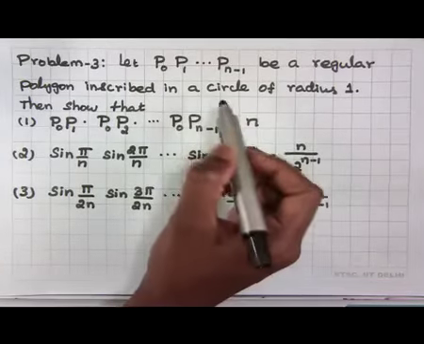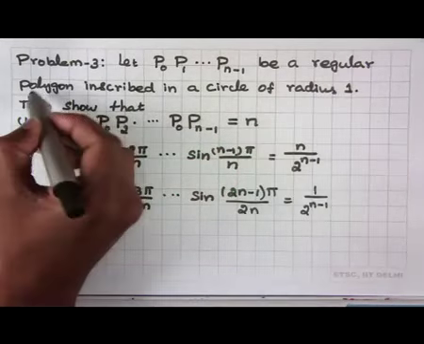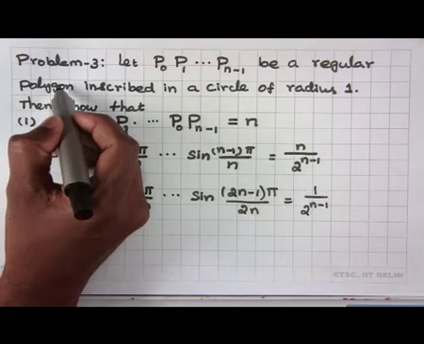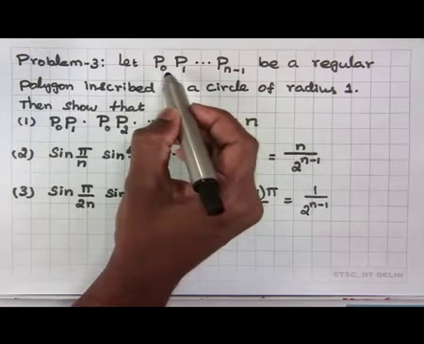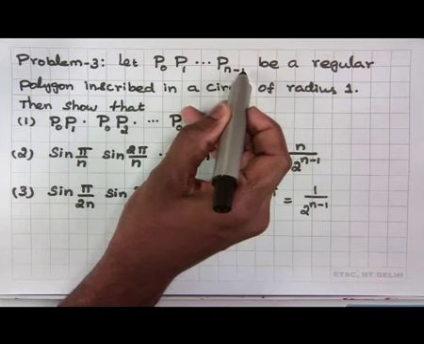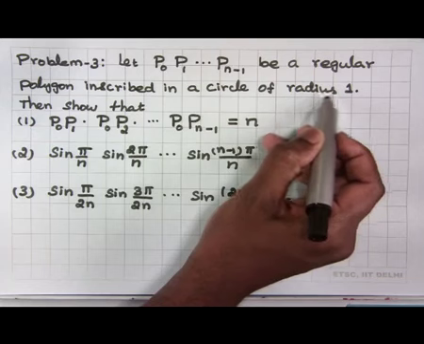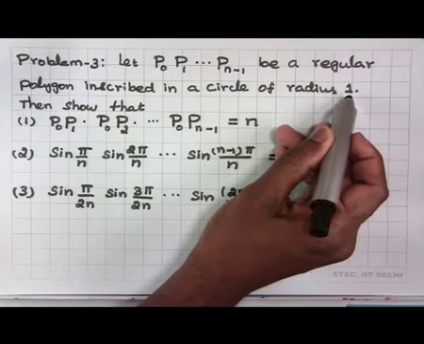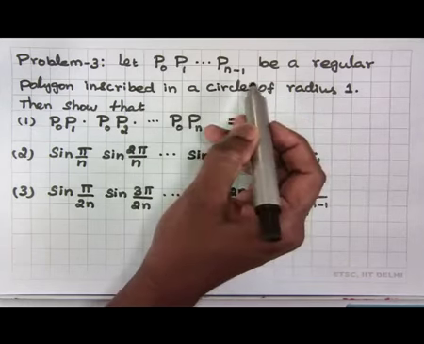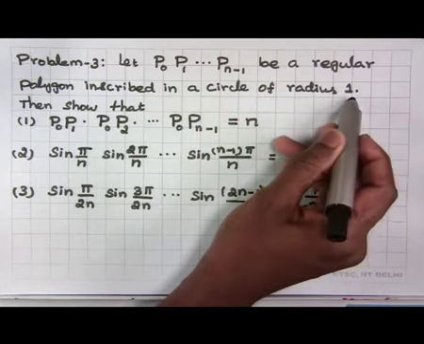that we are given an n regular polygon. Let us call its vertices p naught, p 1 till p n minus 1, which are placed on the unit circle.